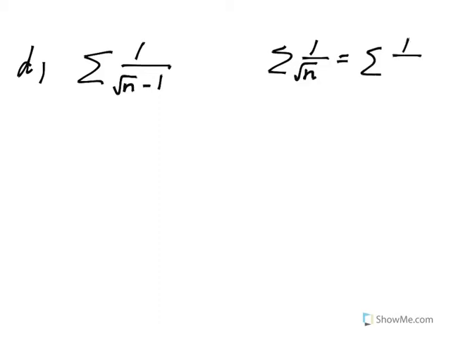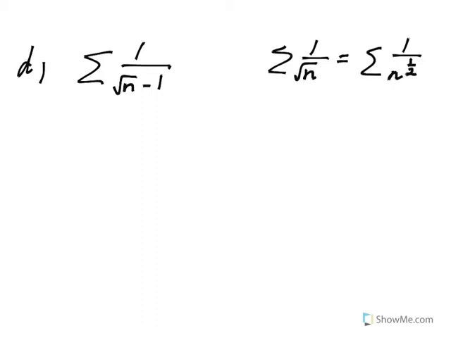D. 1 over square root of n minus 1. We're going to compare it to 1 over square root of n, or 1 over n to the power of 1/2. That's another example of a p-series.